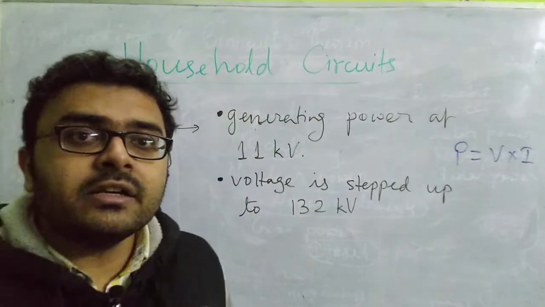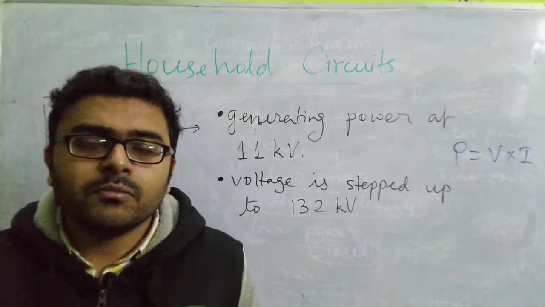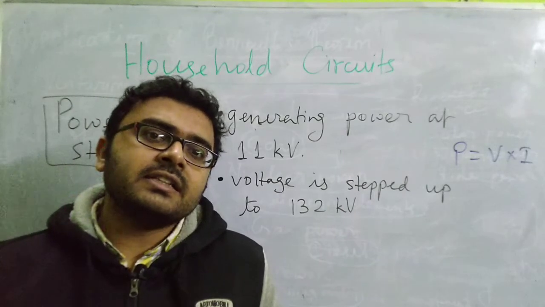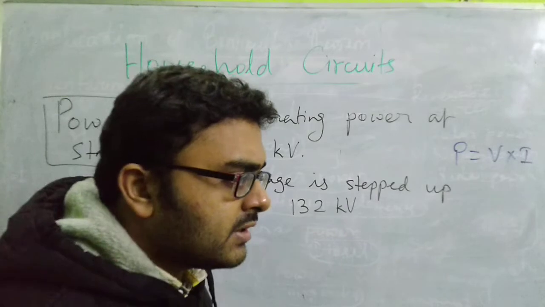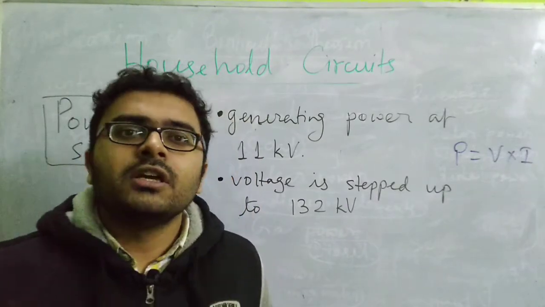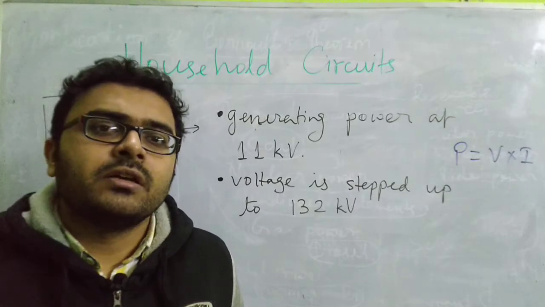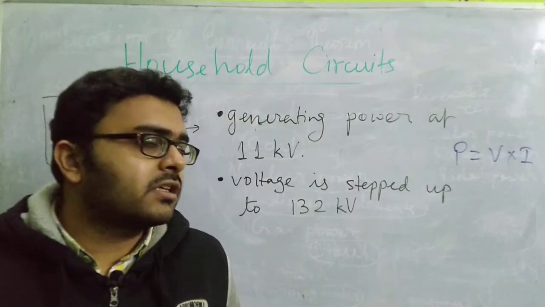The more the current flows through the conductors, the more heat is generated in the conductors, and that is actually one kind of loss. So the power that you generate in the power station, when it is transmitted over the overhead lines, is lost to some extent in the form of heat generated in the conductors.